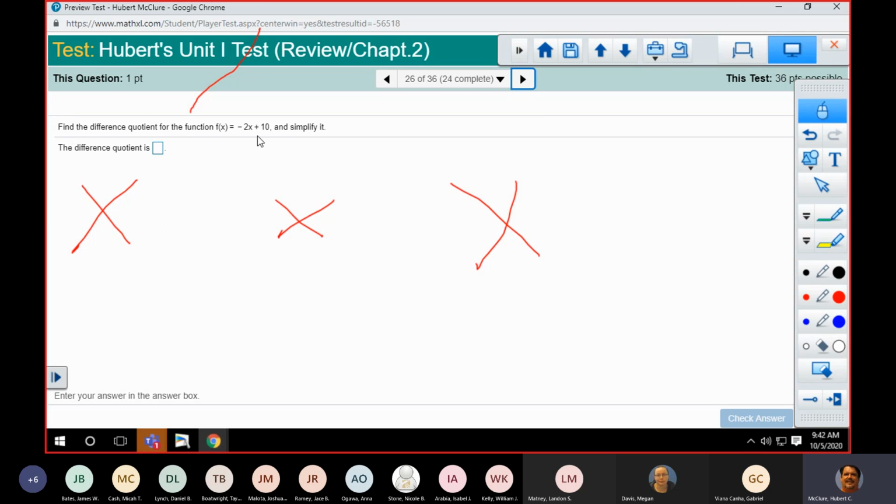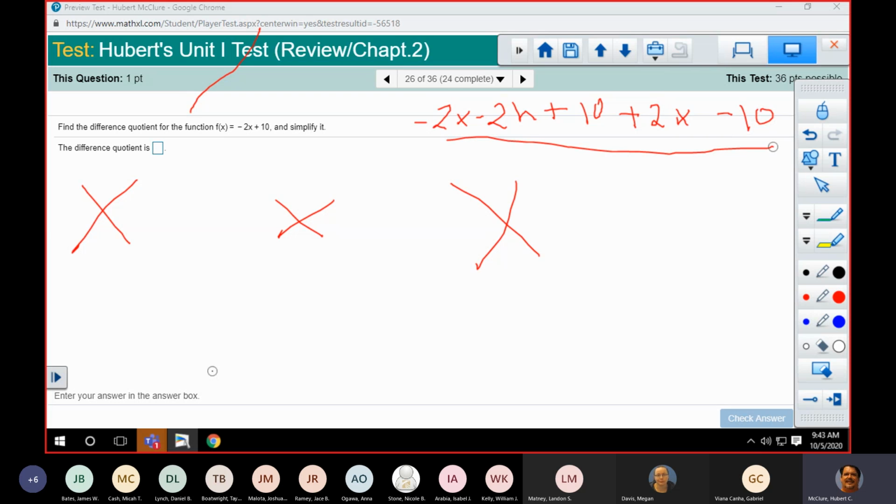Find the difference quotient, okay? Now that one should be very simple. Negative 2 times x plus h, plus 10, minus negative 2x plus 10, all over h. Well, I can do that in my head just about. Negative 2x minus 2h plus 10, plus 2x minus 10, all over h.